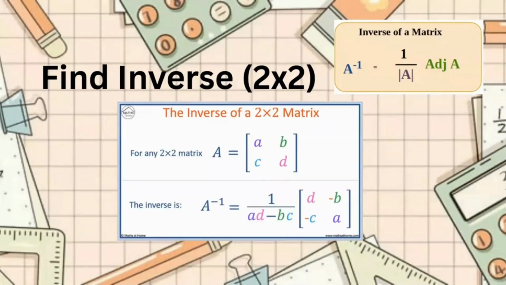The formula of the inverse matrix is A inverse equals 1 over the determinant of the matrix times the adjoint of the matrix. So here is an example of the inverse of a 2 times 2 matrix.